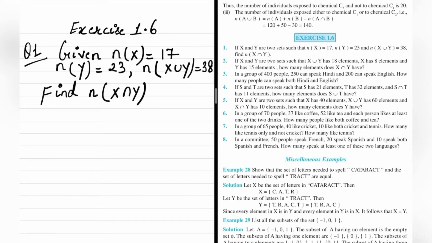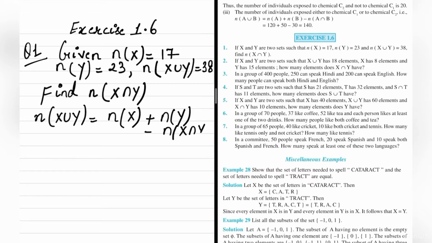So we know that by formula 2, n of x union y is equal to n of x plus n of y minus n of x intersection y. So just plug in the values, everything is given to you.